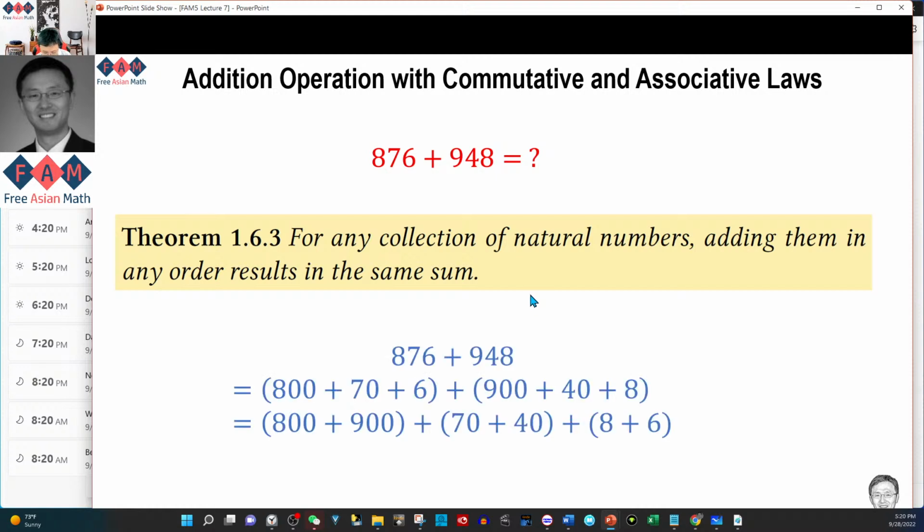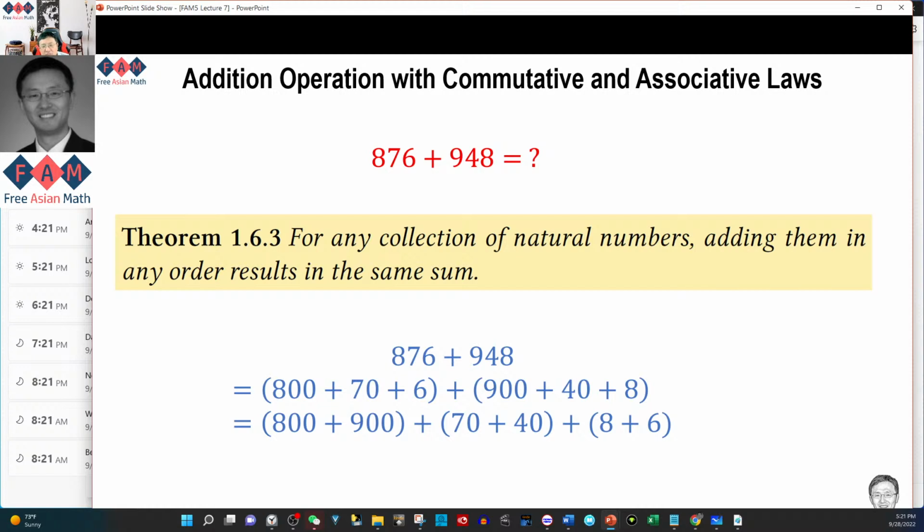Okay, so in particular, we can do this addition this way, right? You can break down 876 into 800 plus 70 plus 6, and similarly 948 into 900 plus 40 plus 8. Why is this true? Well, essentially because 800 plus 70 plus 6 equals 876.